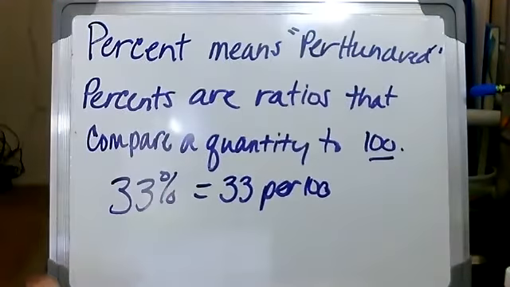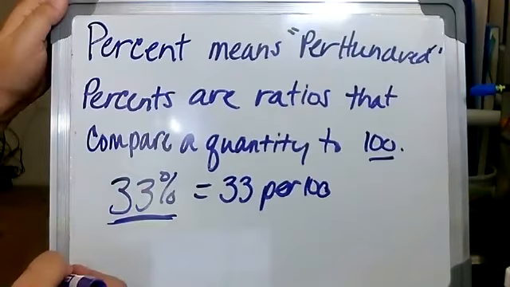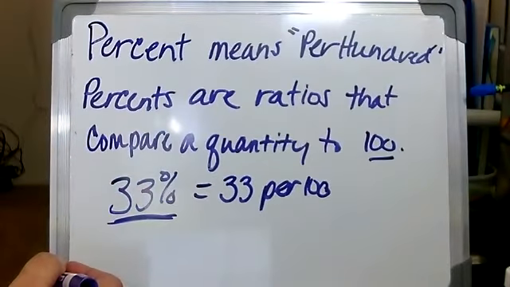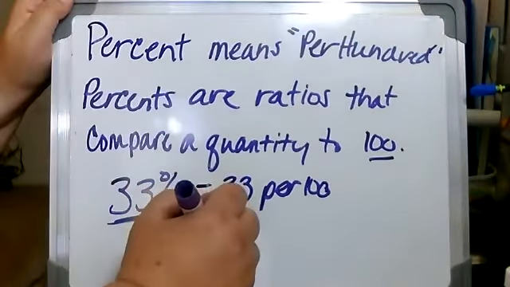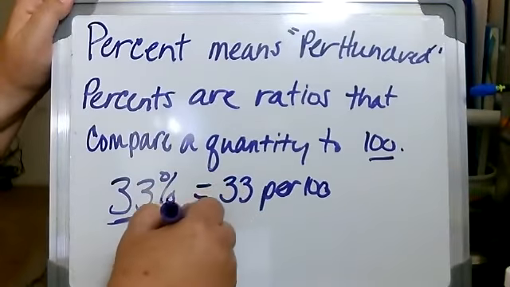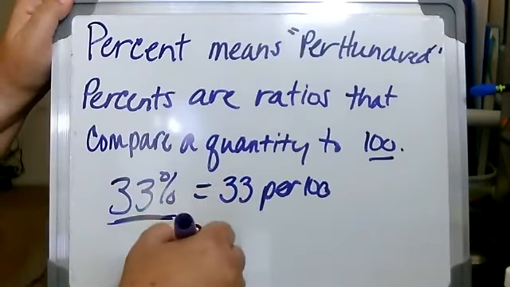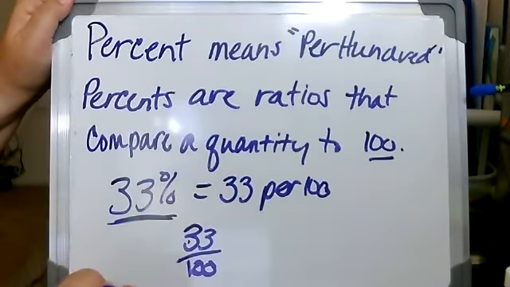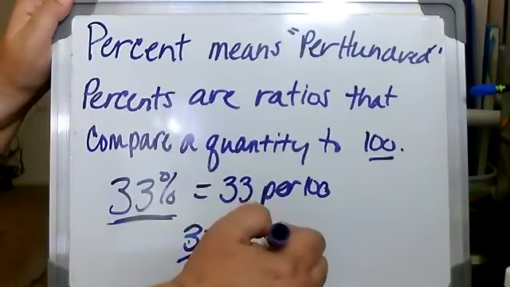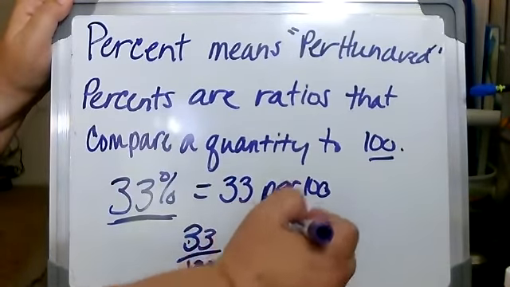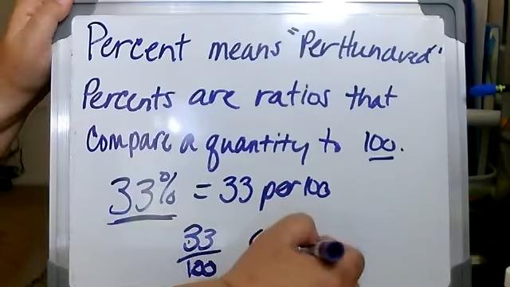And percents can also be written as a fraction, which would be 33 over 100, or as a decimal, which would be 0.33.